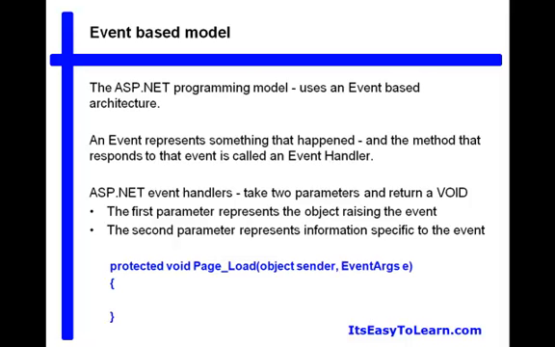What are event arguments? Event arguments are data which is associated with the event. For example, let's say a user clicks on a list box. In a list box we have items, and items have a selected index.